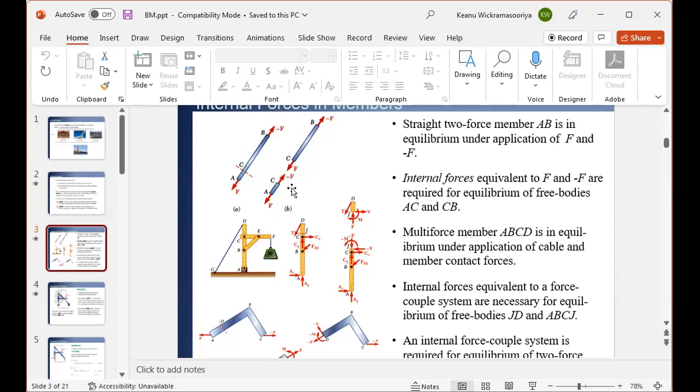And not only that. This case is an axially loaded case, so things are much easier.